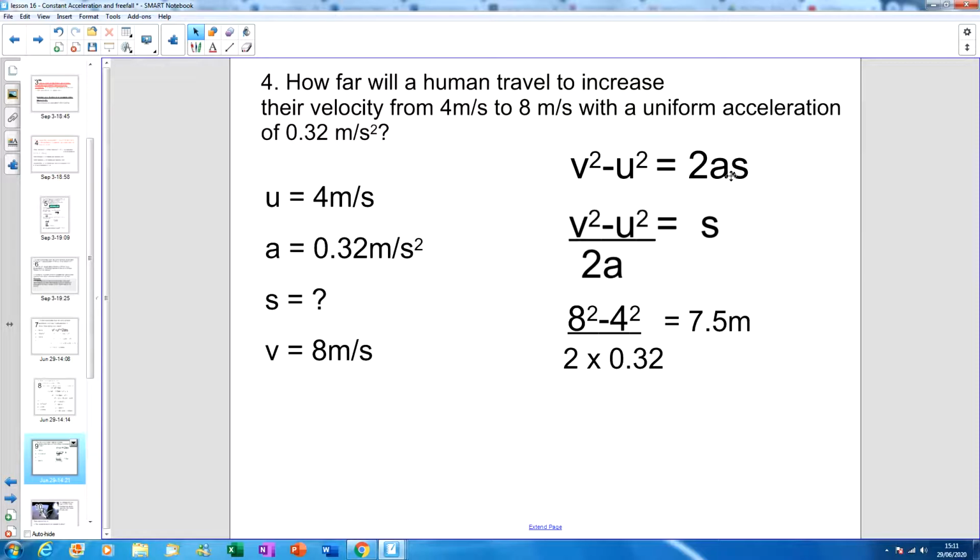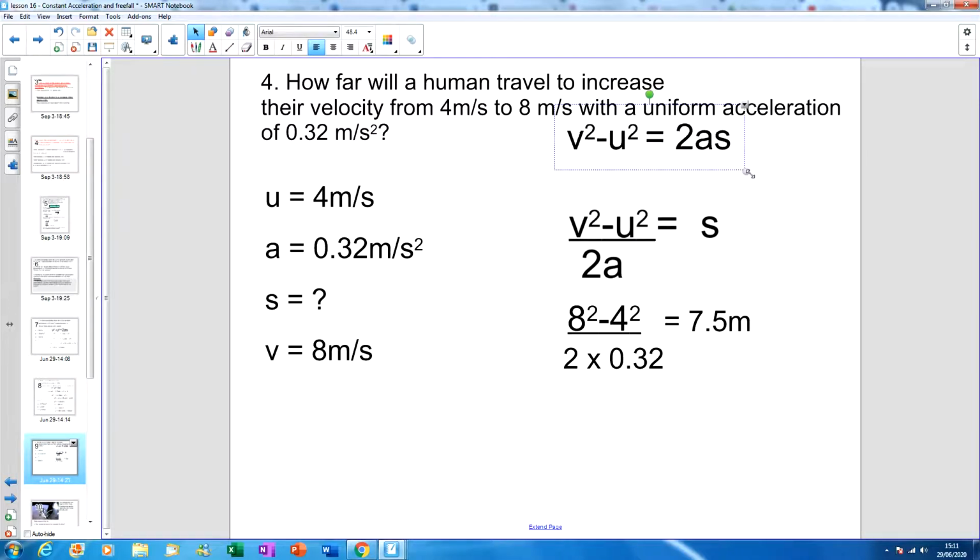Put down my formula again, and now I want to rearrange for s. And hopefully you can see here, to go from this equation, 2as on the right hand side, to just having s on the right hand side, you need to divide both sides by 2a. And let's just show you that explicitly.